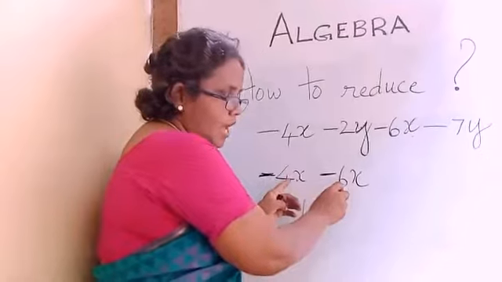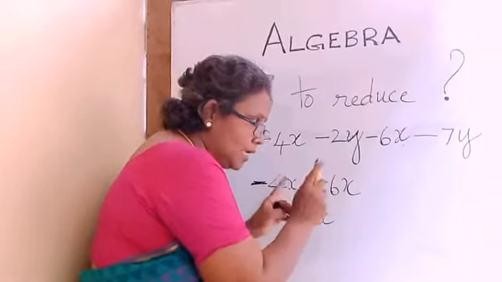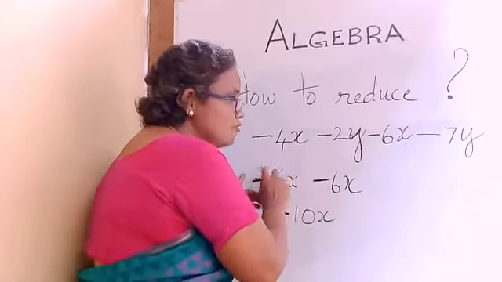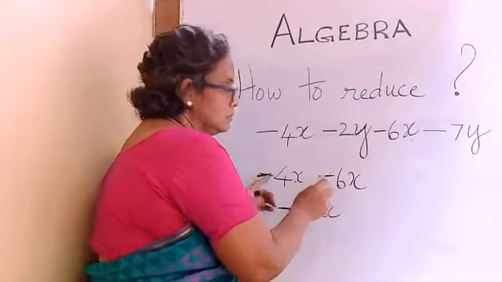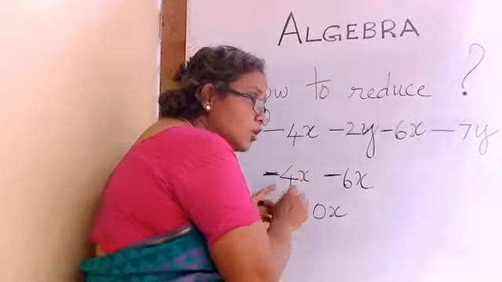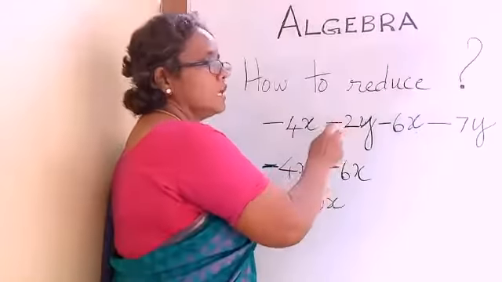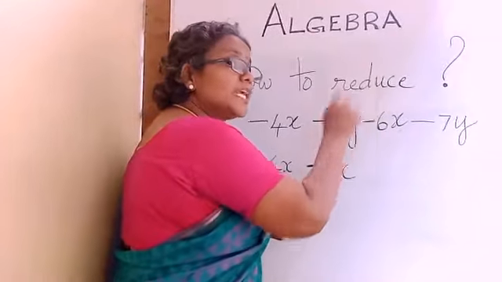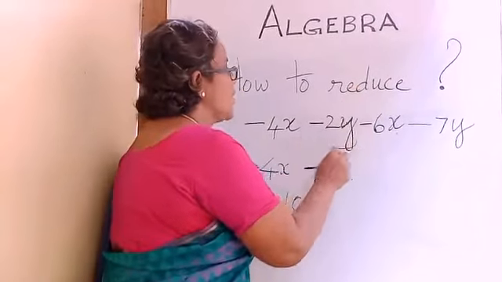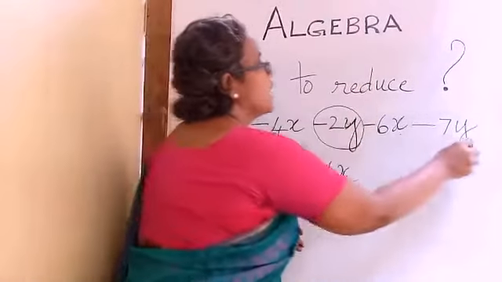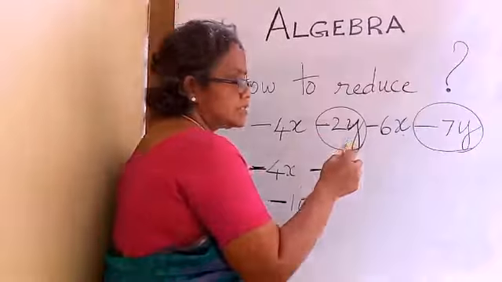Both of them, I join them together. Why? Because both of them have the same sign, as well as the resultant will carry their sign down. Likewise, moving to the next two like terms, we have 2y and 7y as like terms.